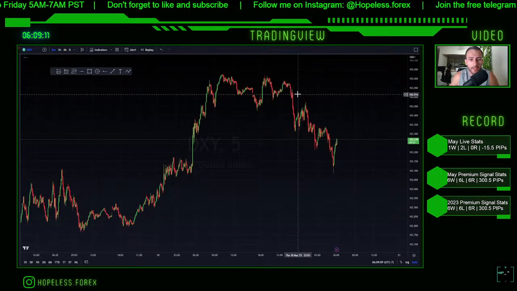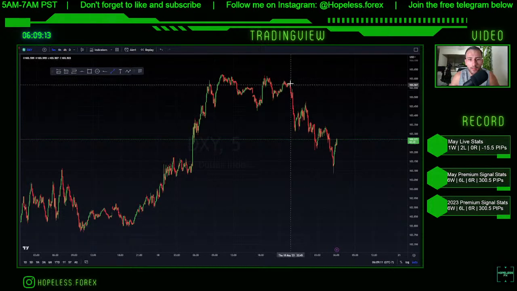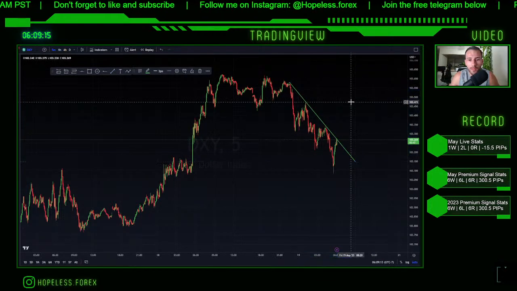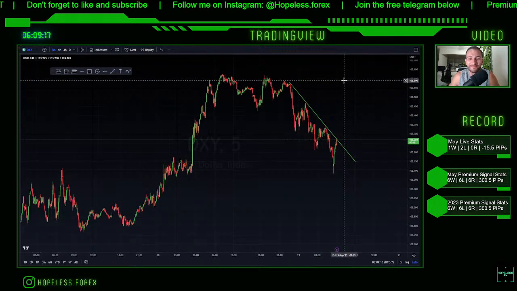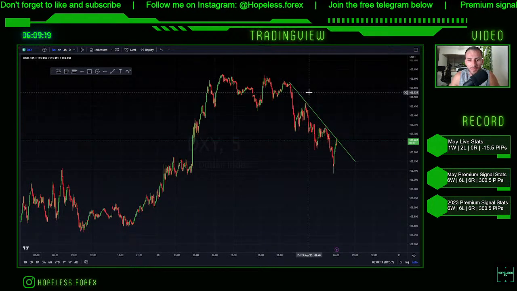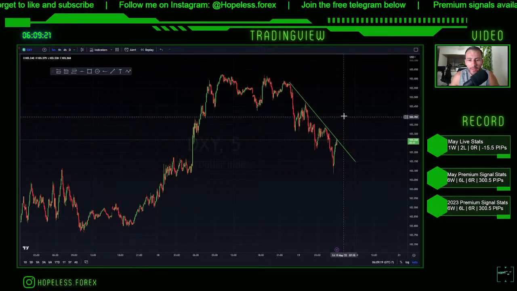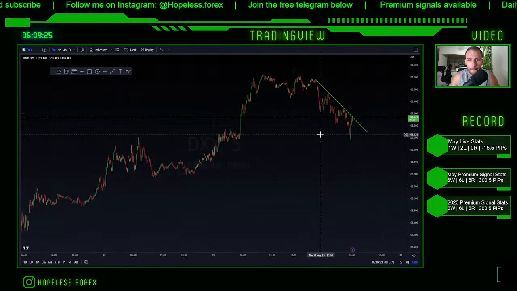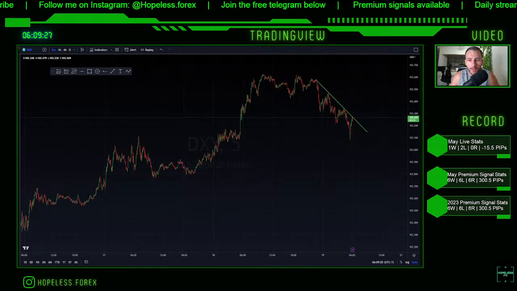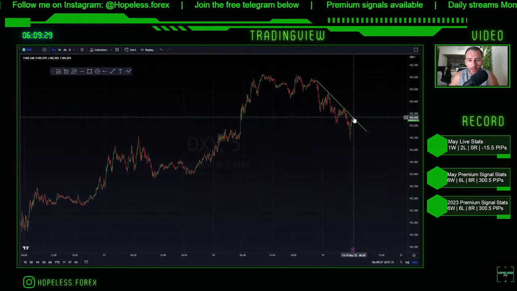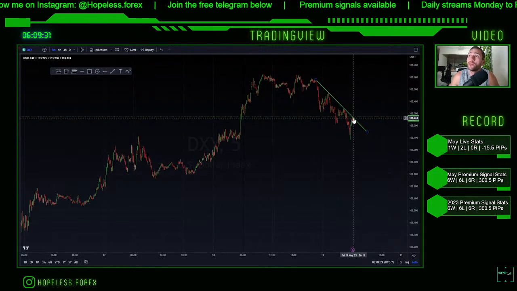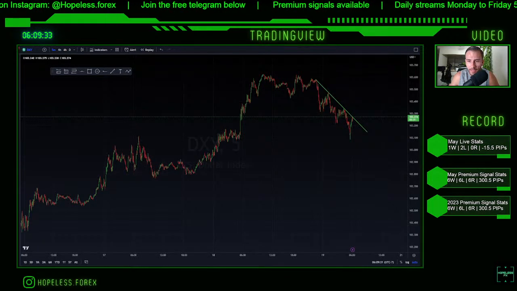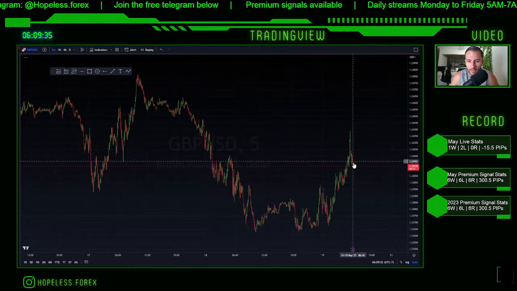How's the Dixie looking? He could break out here, which would cause all these pairs to drop, or he could end up rejecting off this trend line and going down, which would cause something like this guy to break out.